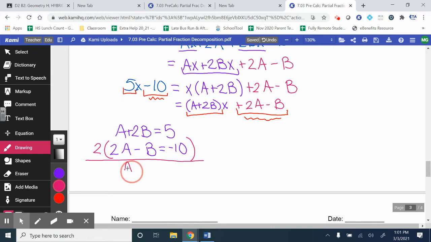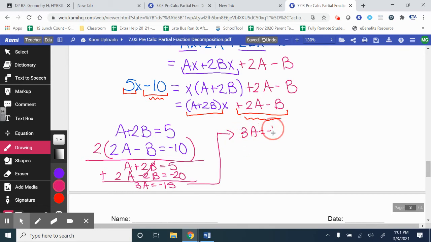So that would give me a plus 2b equals 5 over now 2a minus 2b equals negative 20. We always add those together, so that those cancel, and we get 3a equals negative 15. So I can divide both sides by 3, and I get a equals negative 5.